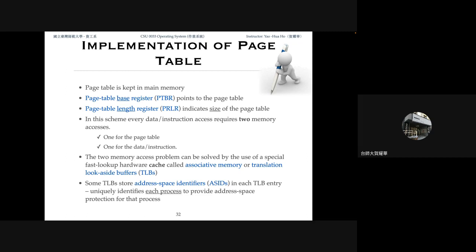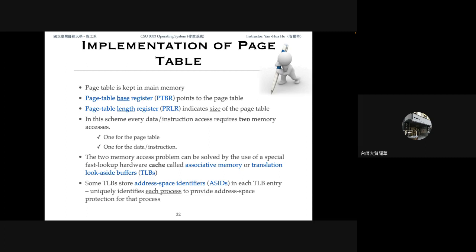Now, the 2 memory accesses can be solved if I have a cache, or fast-lookup hardware, which is also called associative memory or translation look-aside buffer. You can think of it as some kind of buffer or cache space.